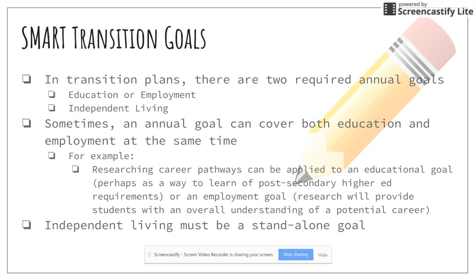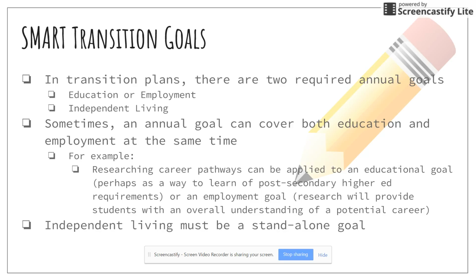When you apply SMART format to transition goals, there are 2 required annual goals. First, an education or employment goal, and secondly, an independent living goal. Sometimes an annual goal can cover both education and employment at the same time.